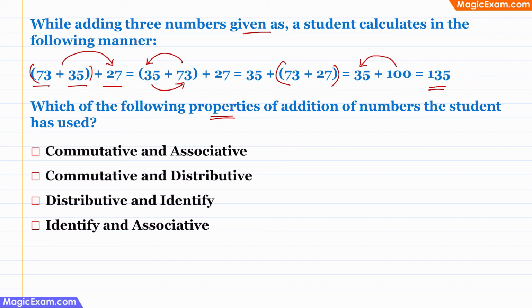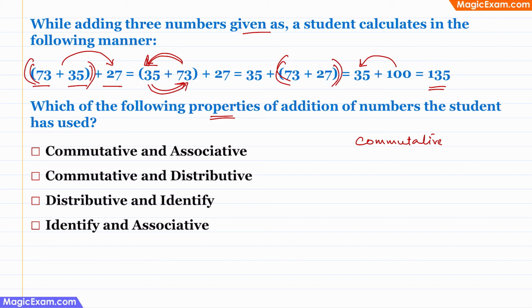Now if you look at it, here the student has first moved the 35 from this side to this side and the 73 to the other side. So these numbers are commuting, they are traveling, they are changing places. So first he is using commutative, and then if you look at it, originally the association was between 73 and 35, but he changed that association to 73 and 27.